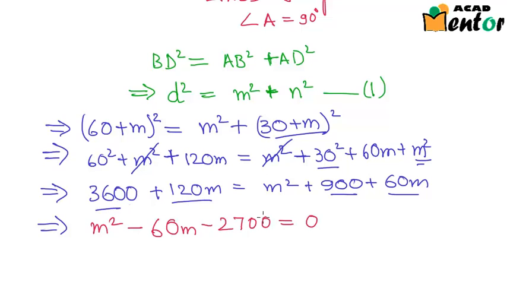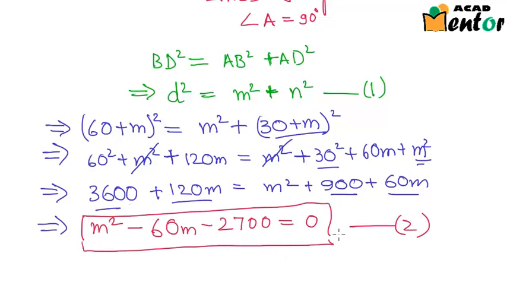If you are not able to understand this, just write it on paper and you'll easily get this equation. So this is the final equation in M square, and we can use this equation to find out the value of M.